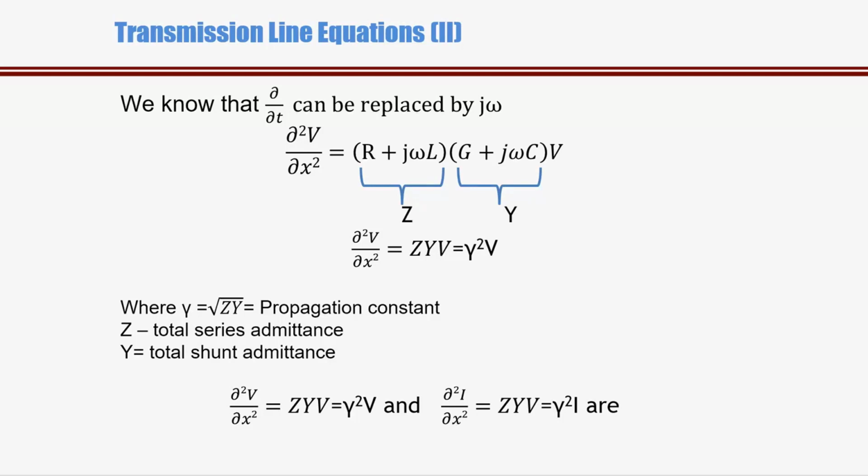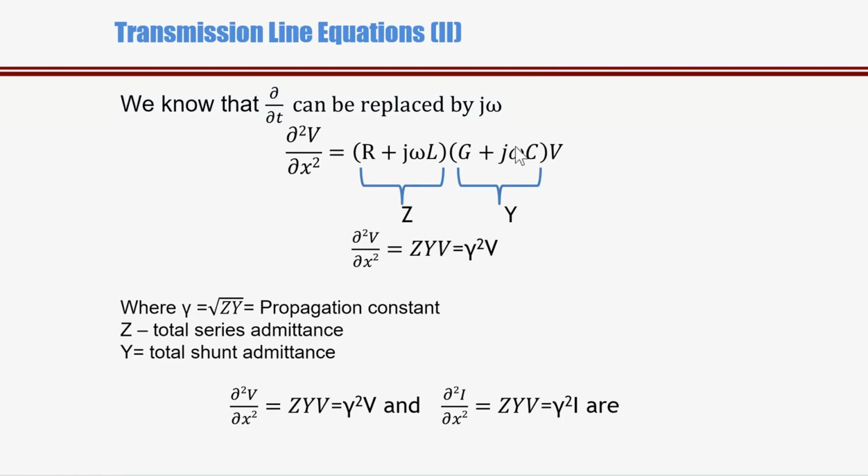We can directly add G plus j omega c. But if we wanted to find impedance, we would have to take 1/g or 1/c. But if we take admittance, we can directly write g plus j omega c. Right, so this means r plus j omega l is the impedance of the series branch.